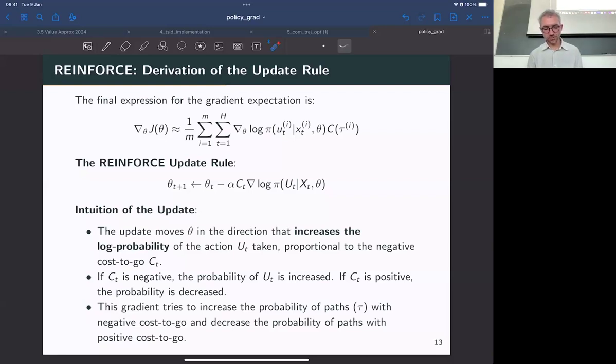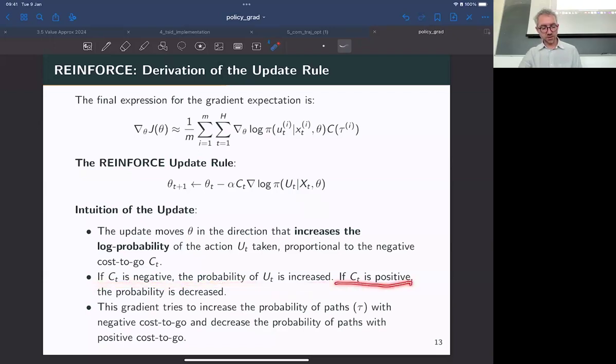Okay, so just to repeat, the update moves theta, so the parameters of the policy, in the direction that increases the log probability of the action ut that was taken in a way that's proportional to the negative cost to go ct. So if ct is negative, the probability of ut is increased.